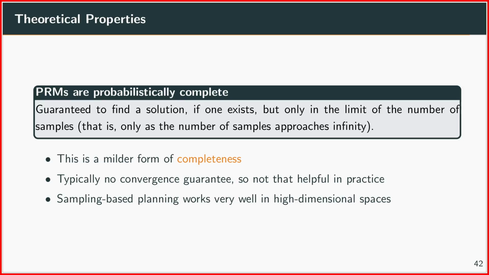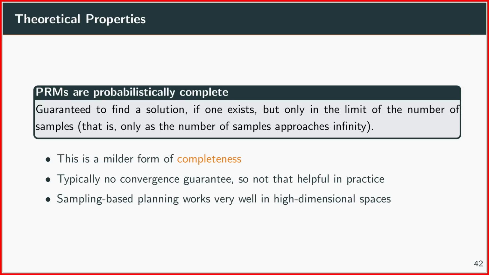So let's look a little bit at theoretical properties. I think we will go more into details in one of the next lectures, but let's just analyze this a little bit. The probabilistic roadmap has actually a very nice property, namely that it is probabilistically complete. And this means that it is guaranteed to find a solution if a solution exists.